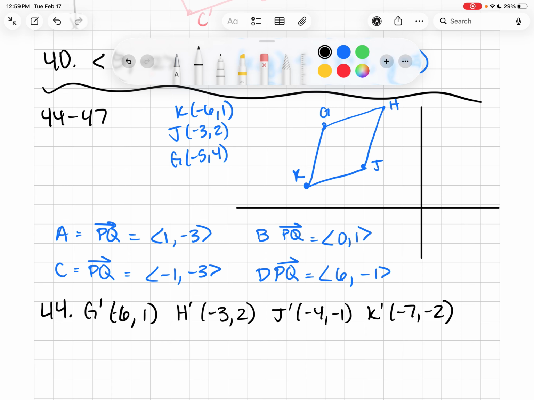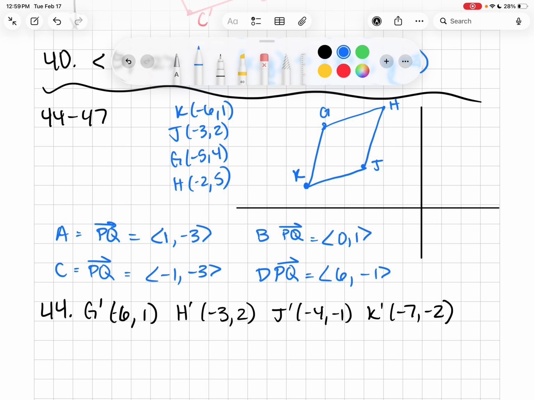So what I would recommend is that you plot at least one or two of these points. You don't really have to do all of them. I'm trying to see how to get from the point that I was at on the graph to the image point.